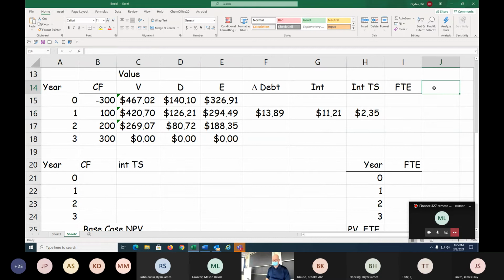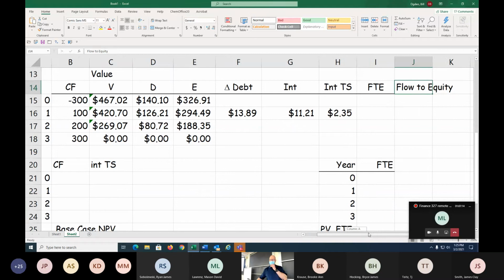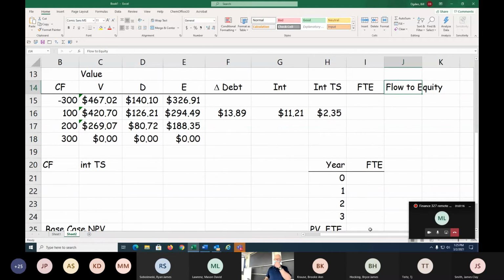This is called flow to equity, FTE. Okay, FTE is the flow to equity. So how much of this $100 reaches the shareholders? Let's start. Equals 100.